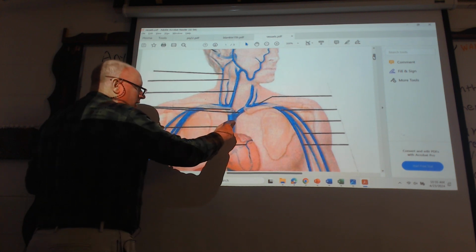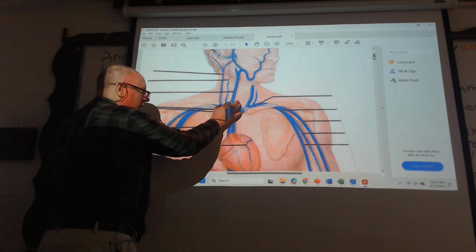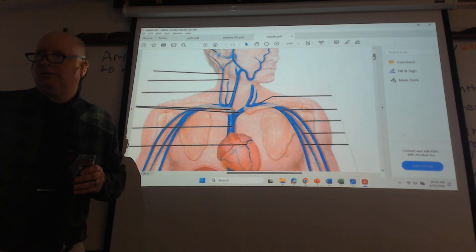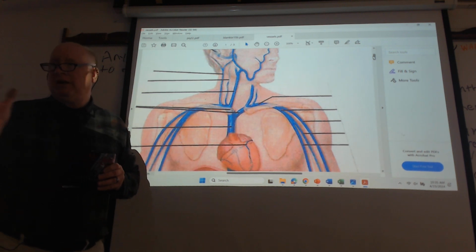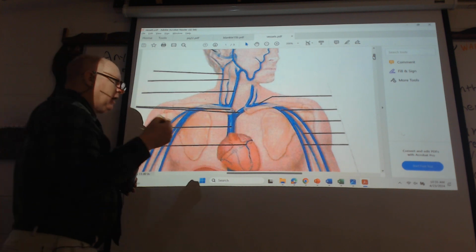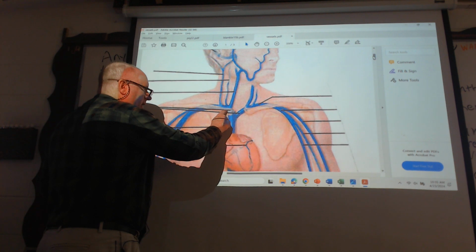If this was an artery that branches off, what was that called? That was one of them that makes part of this trunk. Right, so you actually have a left brachiocephalic trunk and a right brachiocephalic trunk.